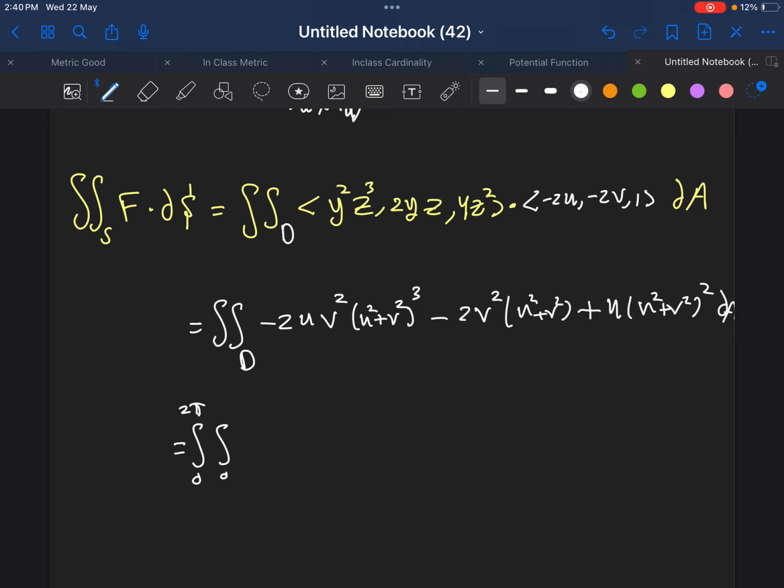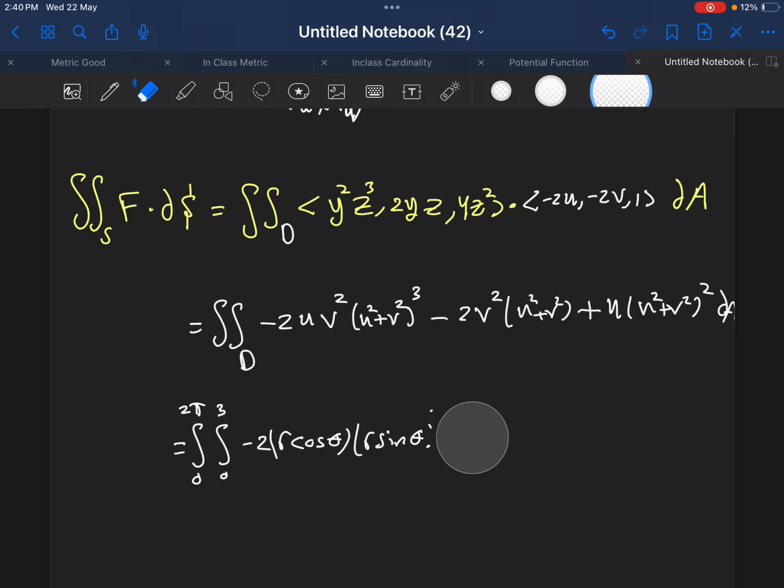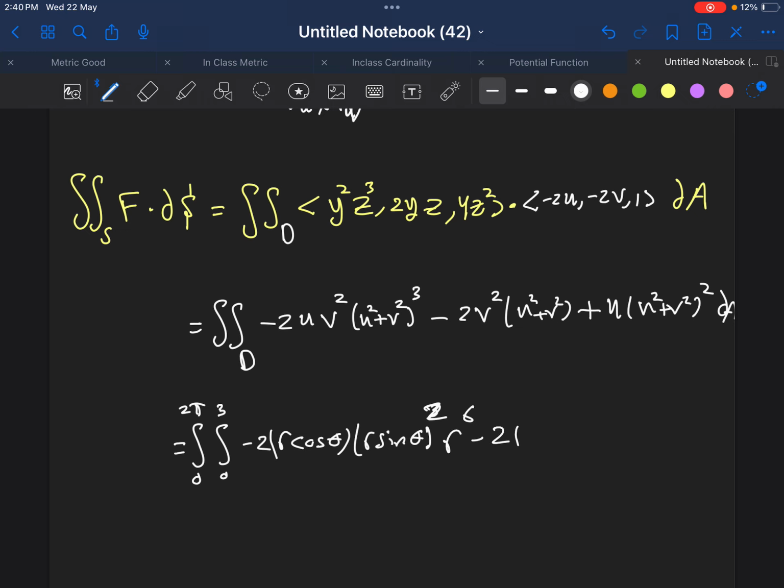This would be 0 to 2 pi, 0 to 3, and now the integrand would be minus 2 r cosine theta times r sine theta squared times r squared cubed, so it would be r to the power 6, minus 2 r sine theta times r sine theta squared times r squared, and finally 4 r squared squared, which is r to the power 4.